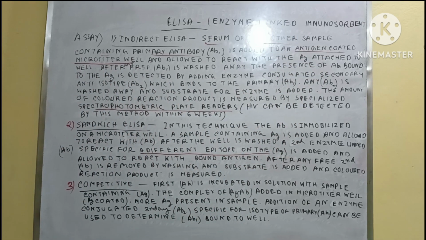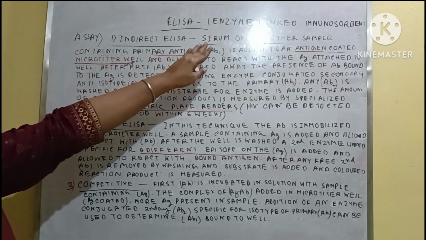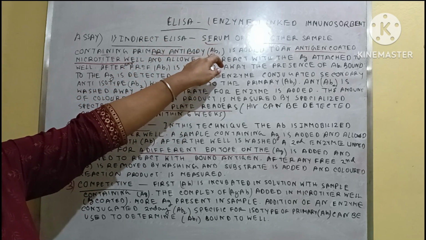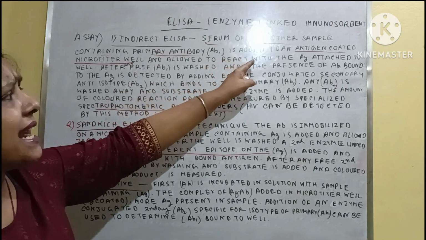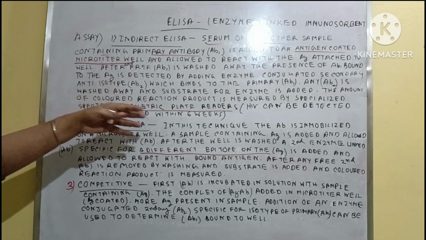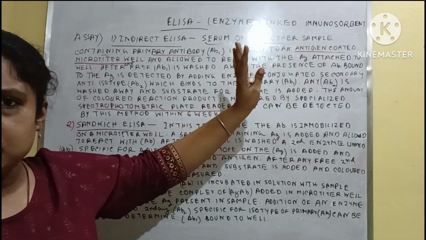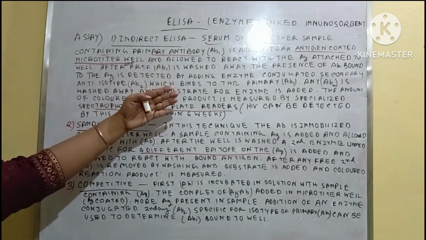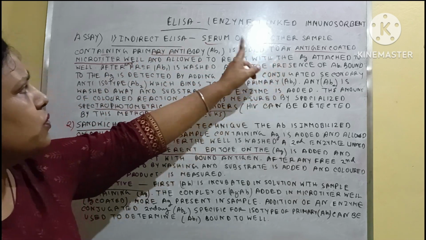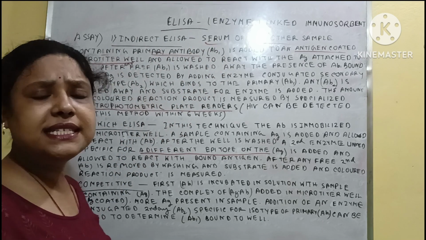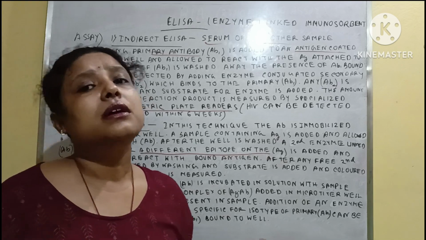So in the first case, serum with sample containing primary antibody, which I have denoted AB1, is added to a microtiter well that already contains some antigens. Now we allow the primary antibody to react with the antigen, and antigen antibody complexes are formed.